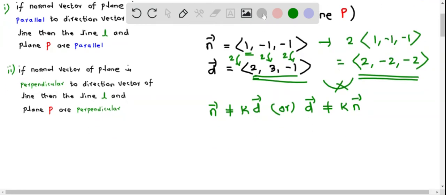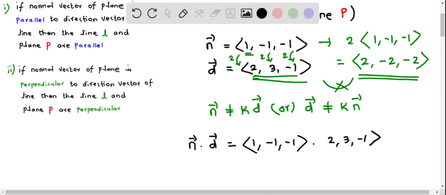We will do the dot product of these two vectors, that is the n vector dot with the direction vector of the line. So let me substitute this. (1, -1, -1) is the normal vector, dot with the direction vector (2, 3, -1).